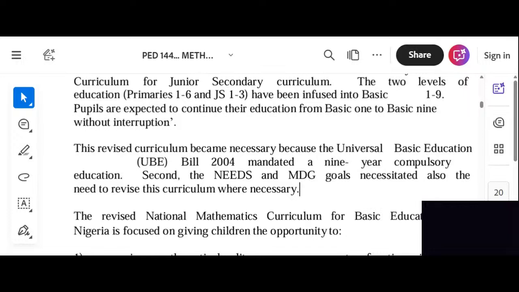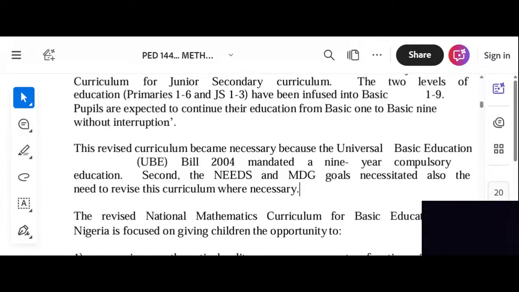Okay, so what we are trying to say is that the second reason why we had the revised curriculum is because of needs and MDG goals. I think MDG is Millennium Development Goals. We have 8 of them given globally, a global standard.